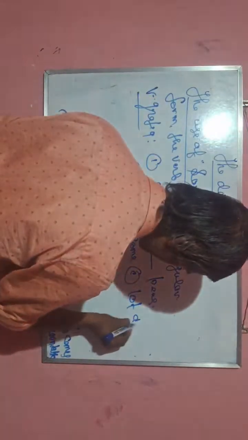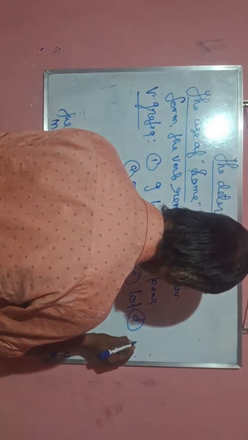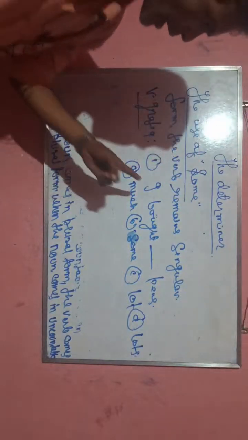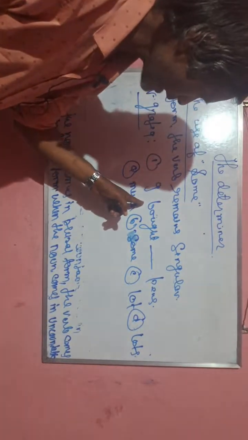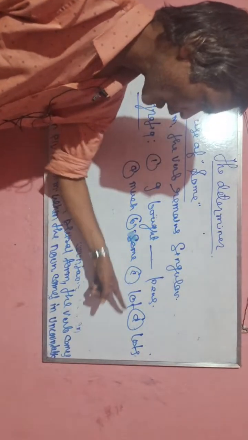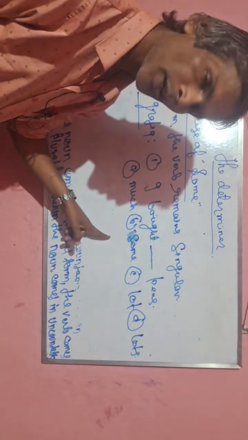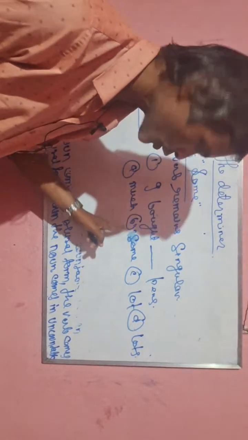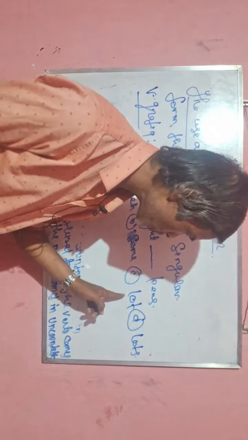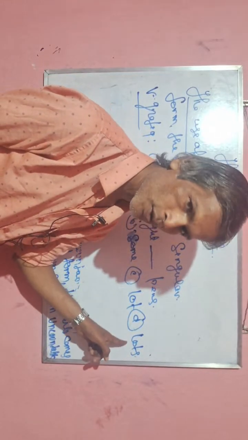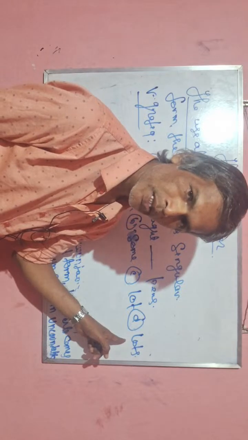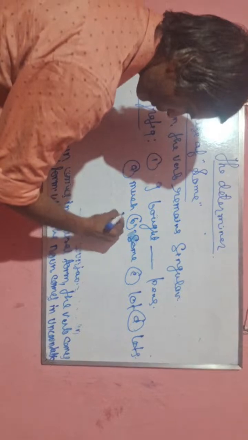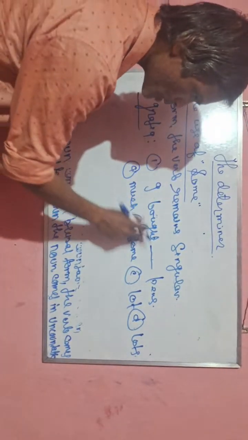Option D, lots. There are four options given below. The first option includes the word much, the second option B includes the word some, the option C includes the word lot, and the option D includes lots. To your thinking and your best knowledge, which of the options is correct? Option B is correct. I bought some pens.